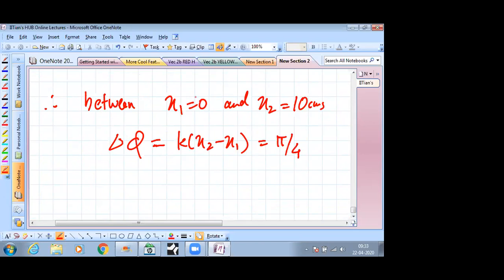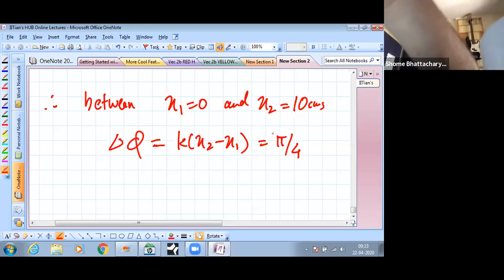Because I know that at x1 the value of the sine function is -1 by √2, and at x2 the value of the sine function is 0, and those are the closest 2 points where the sine function is going from -1 by √2 to 0. So that means that the phase difference between them should be pi by 4. That's the basic nature of the sine function. So I hope this point is clear. Okay, and through this point now you can understand next what I'm going to do.